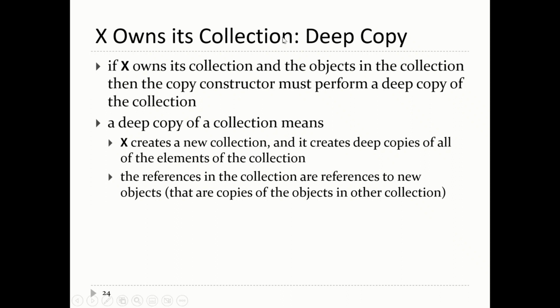Okay, so now, what happens if X owns its collection and it also owns the elements inside the collection? Now you have a composition of elements. So if X owns its collection and it owns the elements in the collection, you have to perform what's called a deep copy. Not surprisingly, a deep copy is where you make a new copy of the collection and you copy all the elements inside the collection.